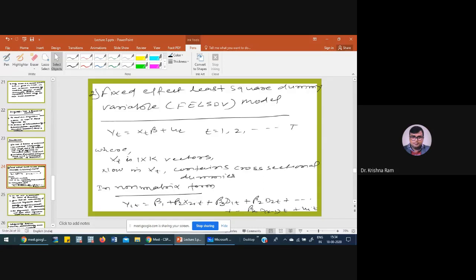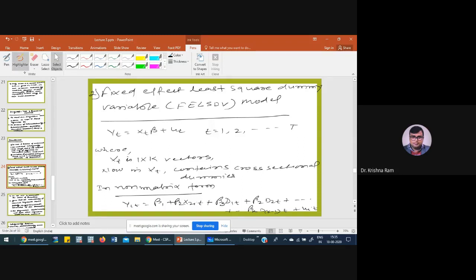So just to differentiate, I have used fixed effect least square dummy variable model. It is called fixed effect because the results of this model and the fixed effect model are approximately the same. Why it is so, we'll talk about later, but let's understand what this fixed effect dummy variable model is and how we estimate it.